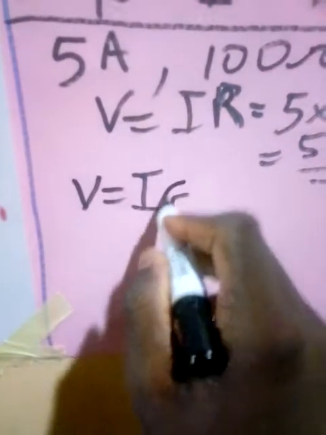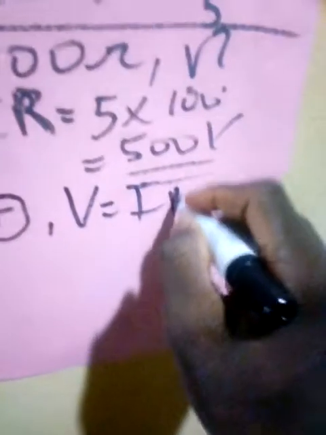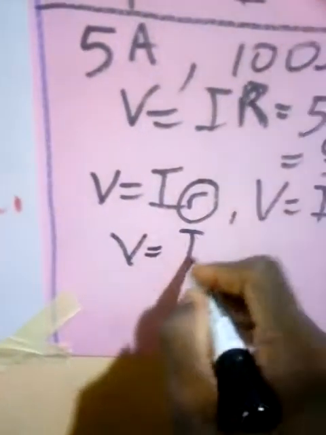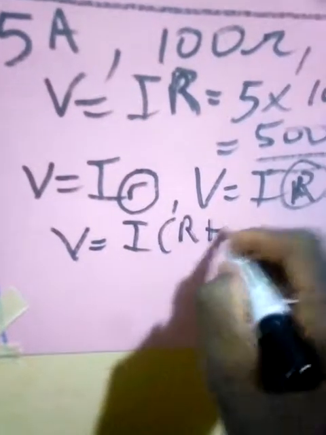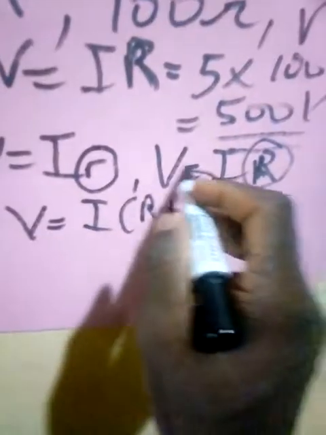We can equally find the resistance of a battery using V equal to IR. In Ohm's law, this r refers to the internal resistance of the battery, while this R refers to the external resistance of the circuit, outside the battery, and this refers to the sum of all the resistance both inside and outside the battery.